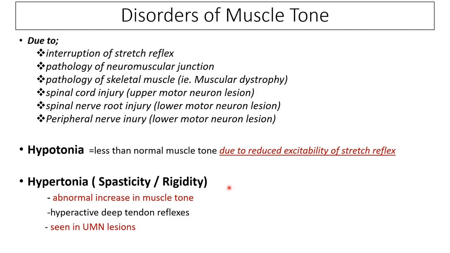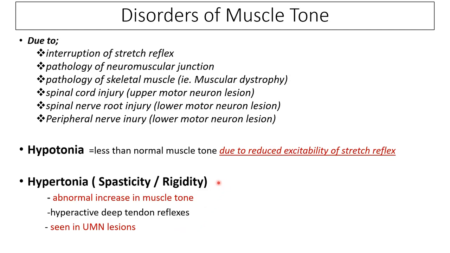Hypertonia, on the other hand, refers to an abnormal increase in muscle tone, and this is associated also with hyperactive deep tendon reflexes, DTRs. This is what you see in upper motor neuron lesions, and this includes spasticity and rigidity.